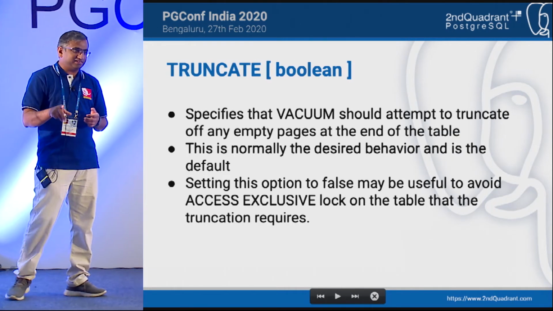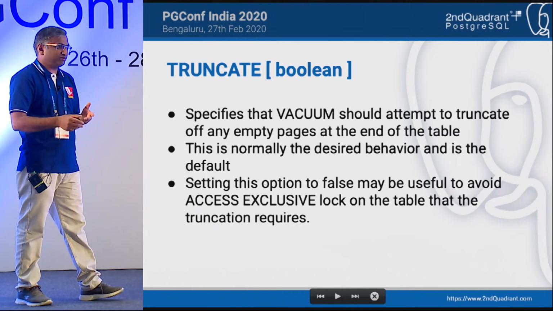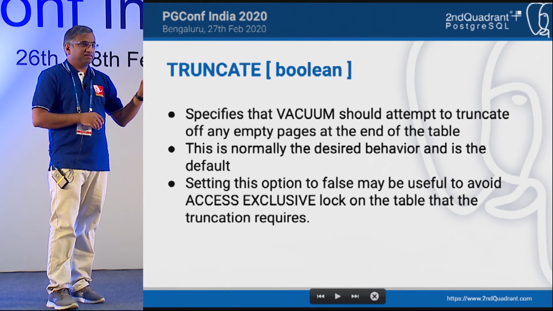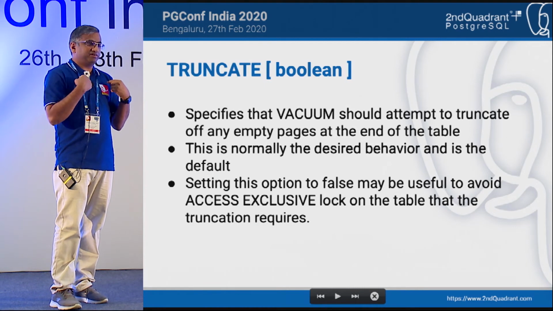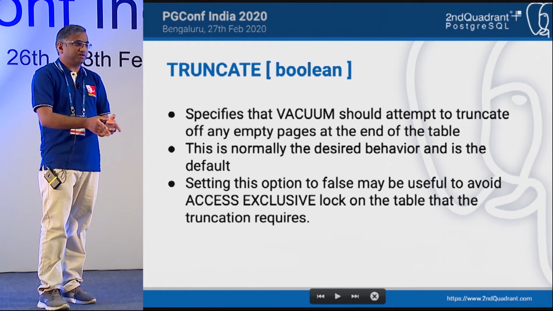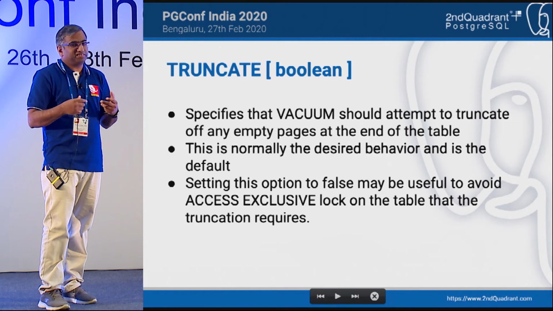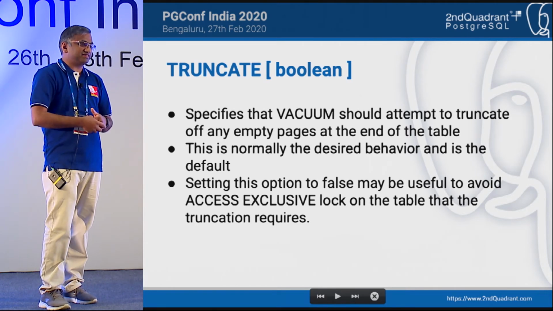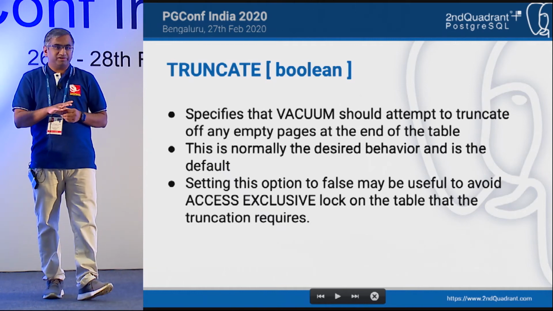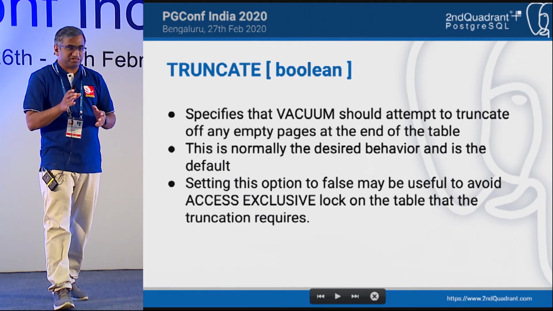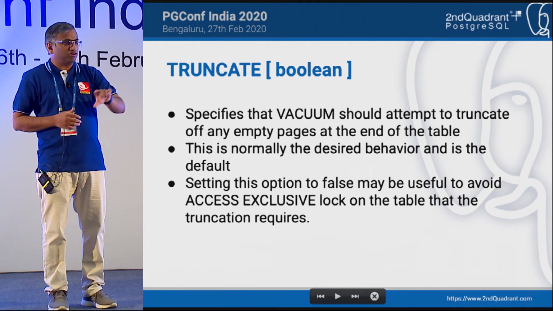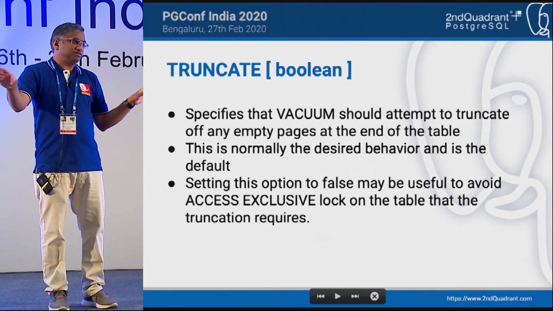And then finally, there is another option called truncate, and you can turn it off or on. By doing this, you can say, I am not interested in truncating the table at the end of vacuum, because, for example, I know more inserts are going to come and it will eventually extend again. What used to happen is when vacuum tries to truncate the table, it will grab an access exclusive lock on the table, which will block all the reads and writes.